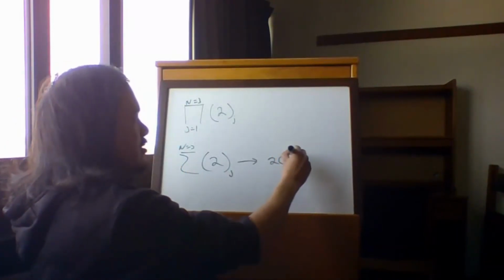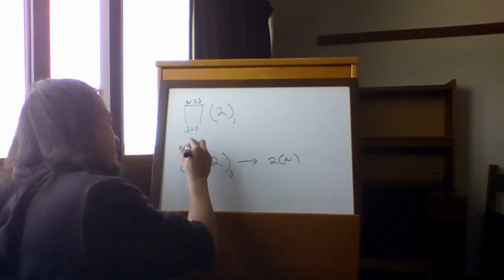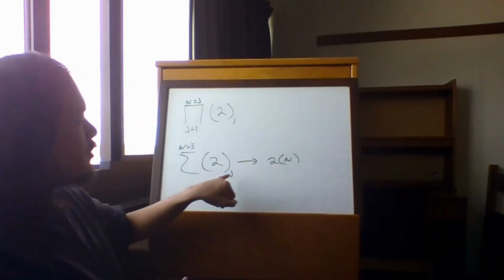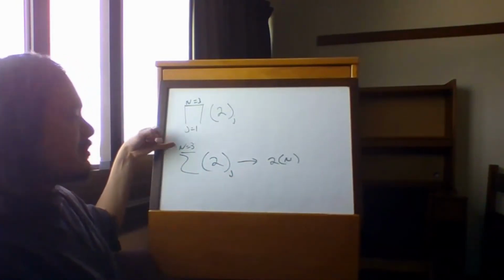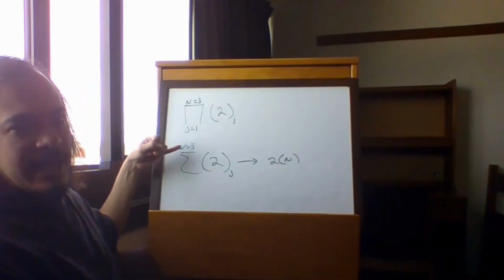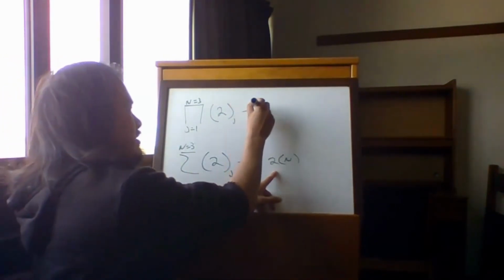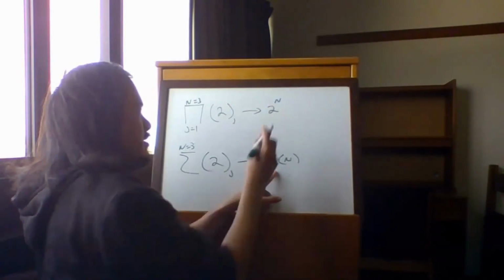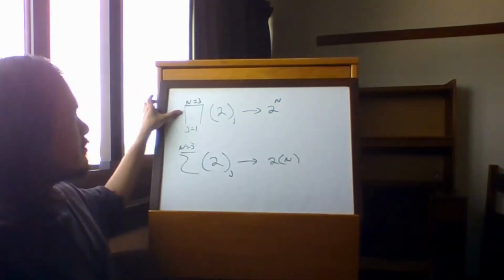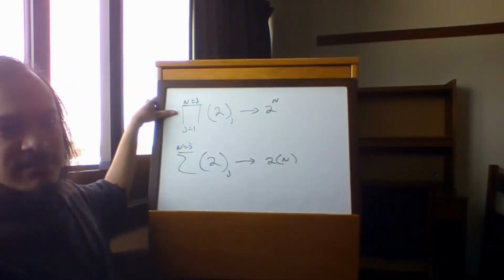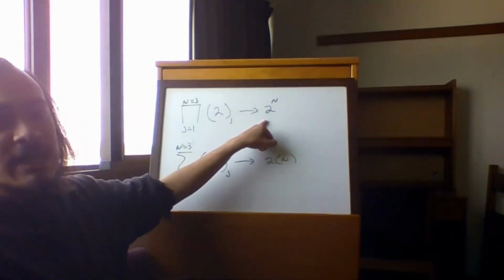I'd have 2 times n, because we're adding 2 n number of times. That repeated adding is the multiplication. Whereas over here, this was repeated multiplication already, so this turned into an exponent.